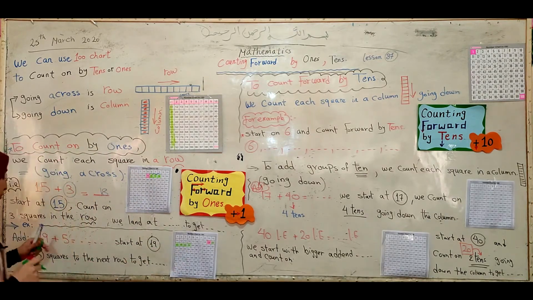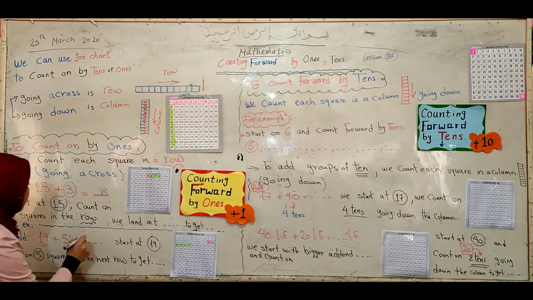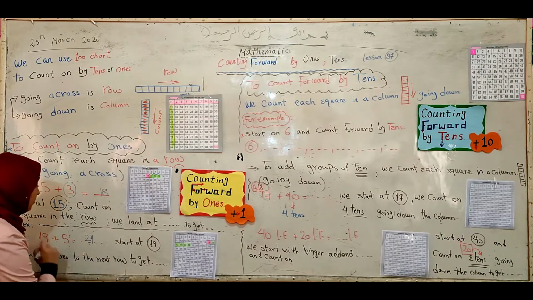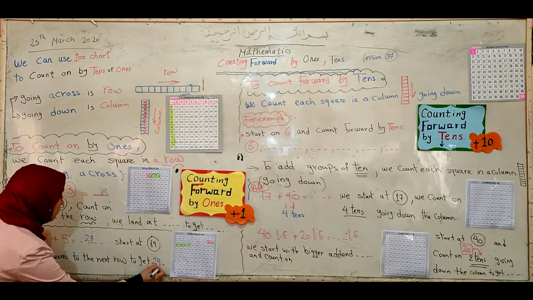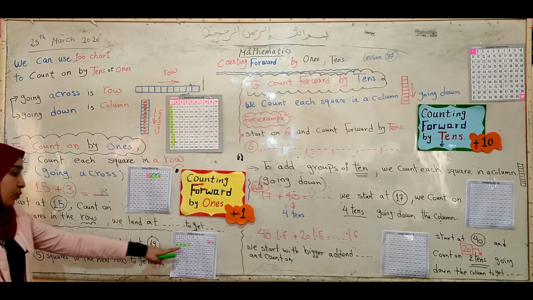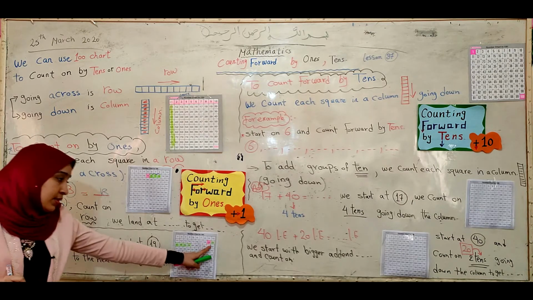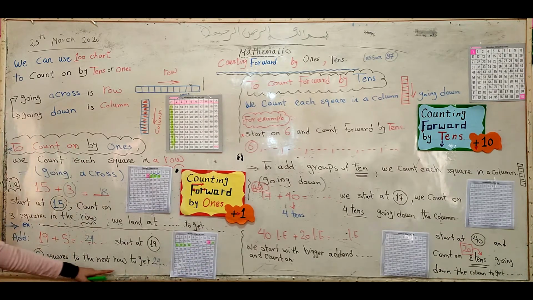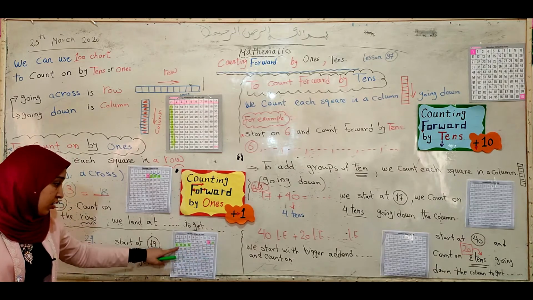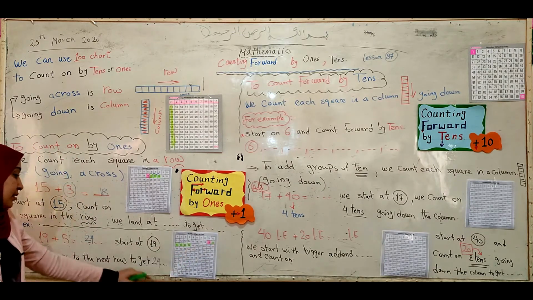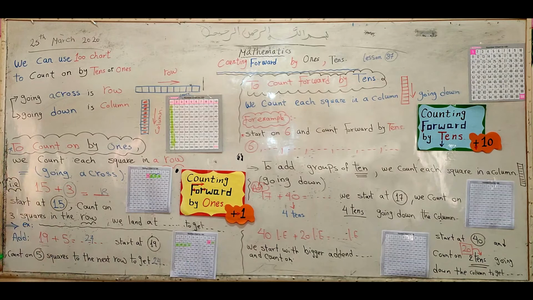So 19 plus 5 gets 24. So we start at number 19 and count on 5 squares to the next row, and I land at number 24.